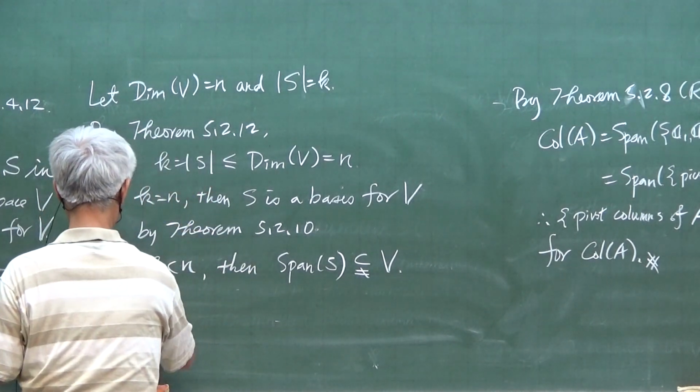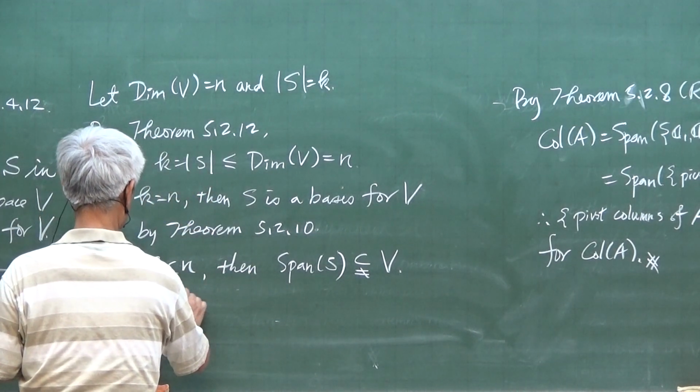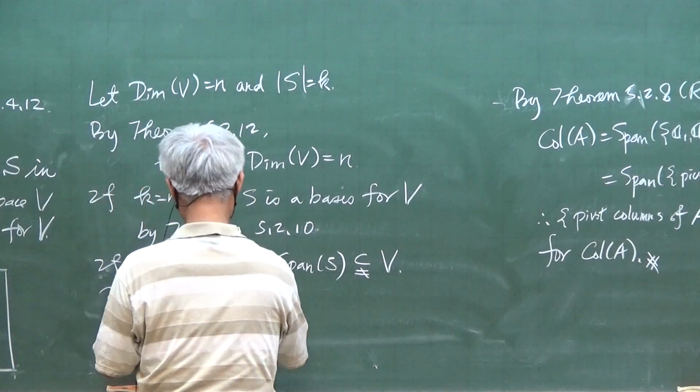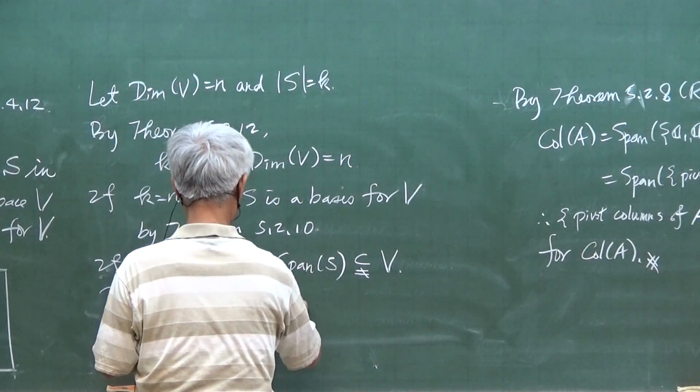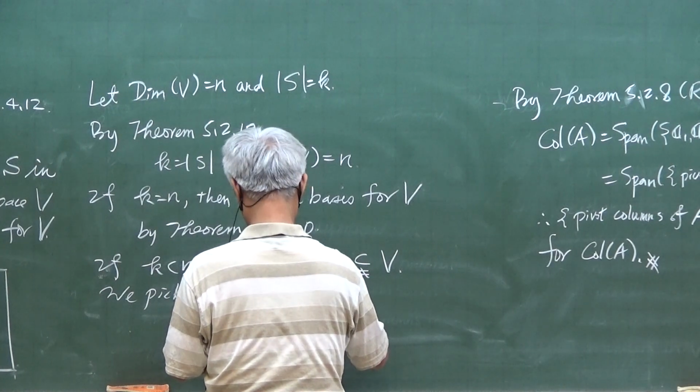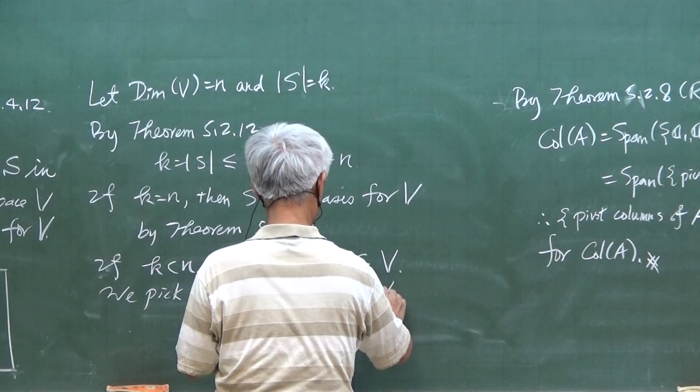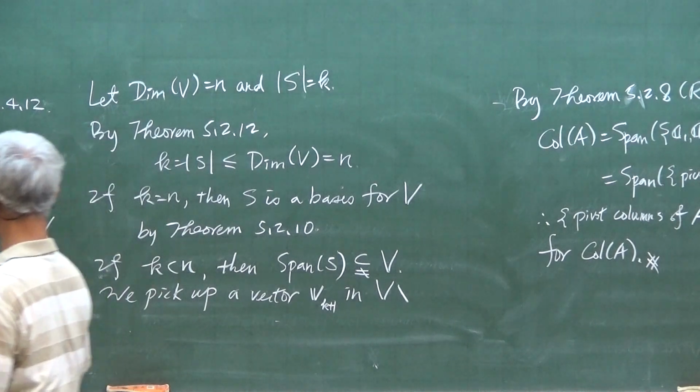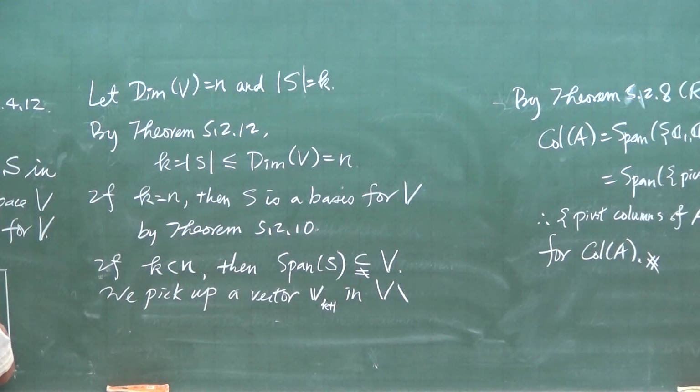We pick up a vector, say v(k+1), in the difference. So we have here v(k+1), and here we have v1 to vk.